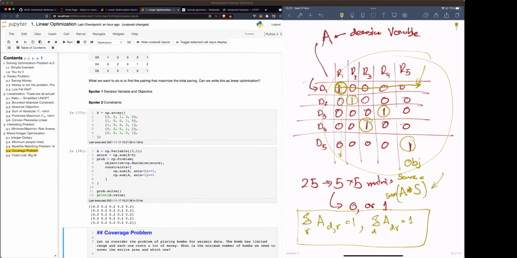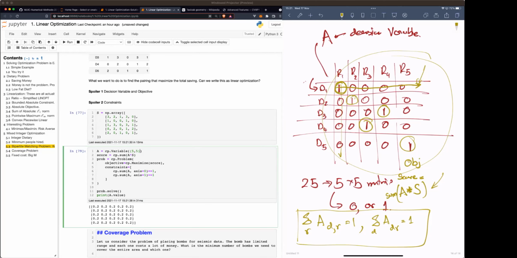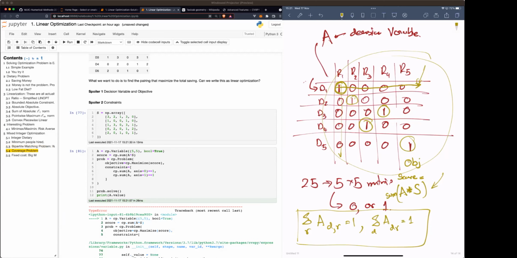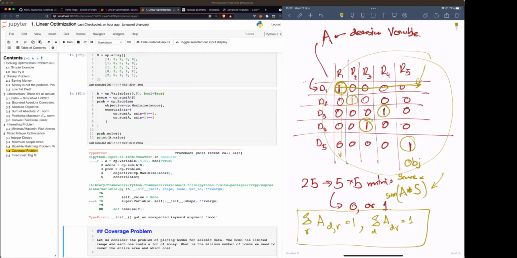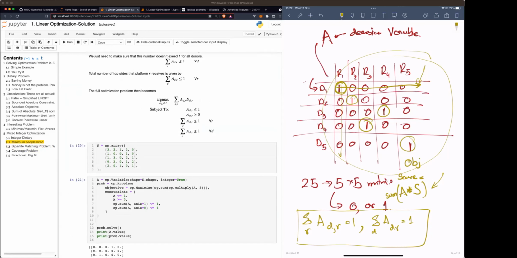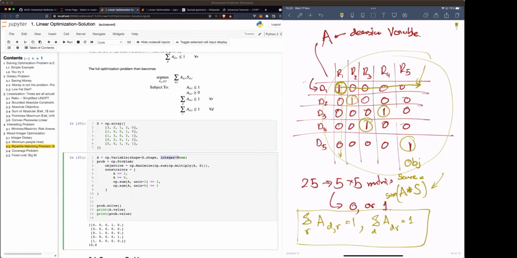Oh, I forgot to tell you that it should be an integer. Not integer, it's called Boolean. I think it's called bool.